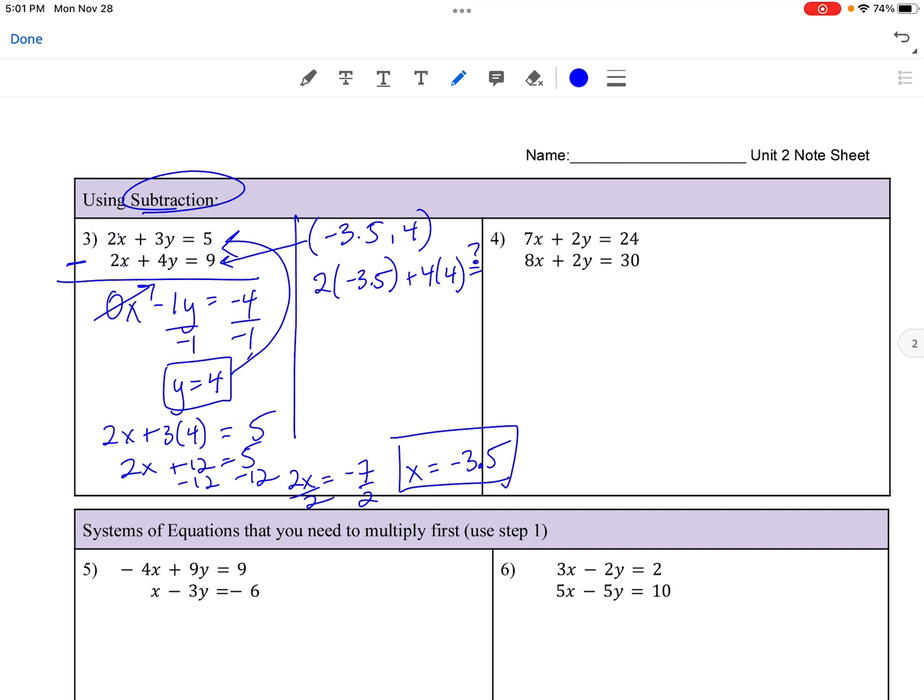Is that equal to 9? Let's see. 2 times negative 3.5 is negative 7, plus 16 does equal 9. Yes, okay, I can be confident that this is the solution to the system of equations. You'll try this one on your own. This will also use subtraction.